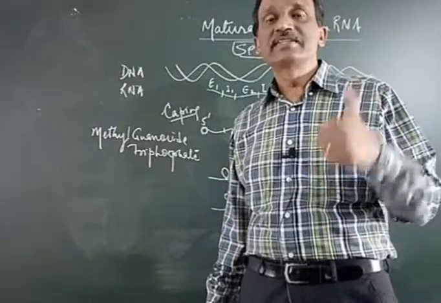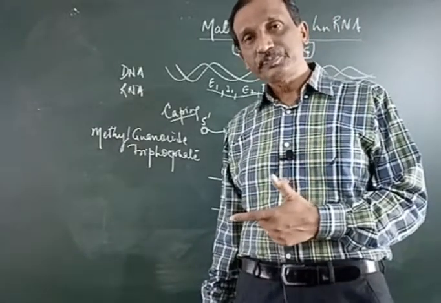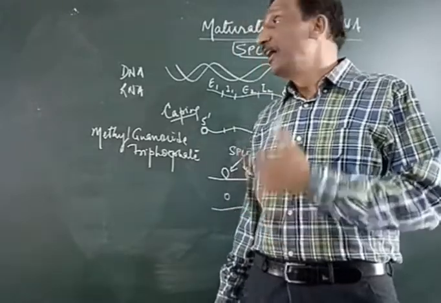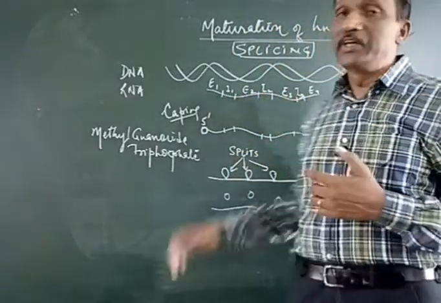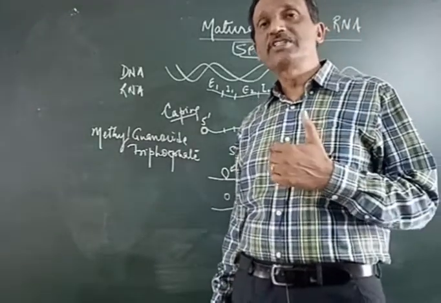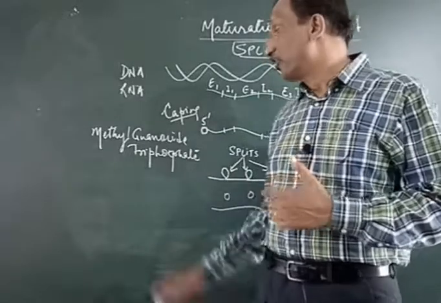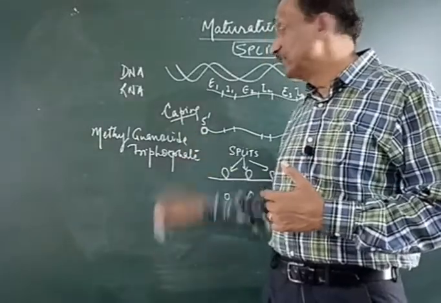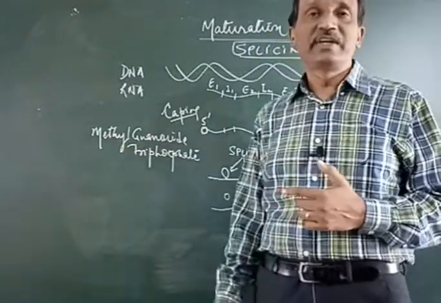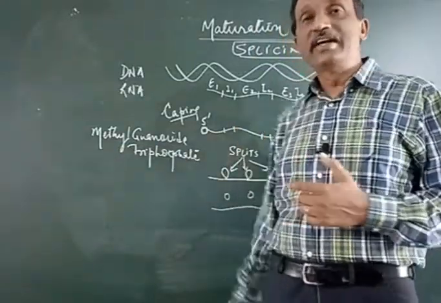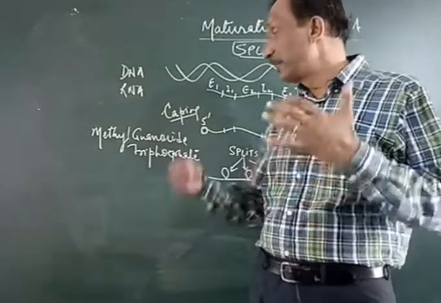So splicing is an important process which is found only in the eukaryotic cells, the eukaryotic organisms, in which the unwanted segments of the heterogeneous nuclear RNA are removed by a process called splicing. For that, at the 5' end the methyl guanosine triphosphate will come and attach, and at the 3' end adenine residues will come and attach, and they will make it active.